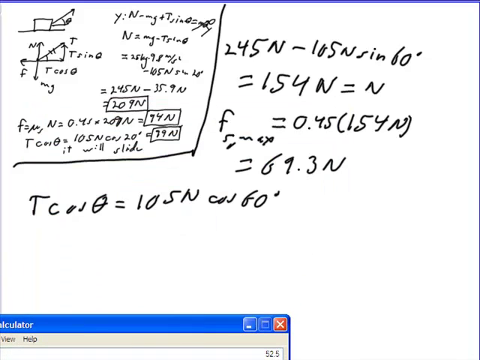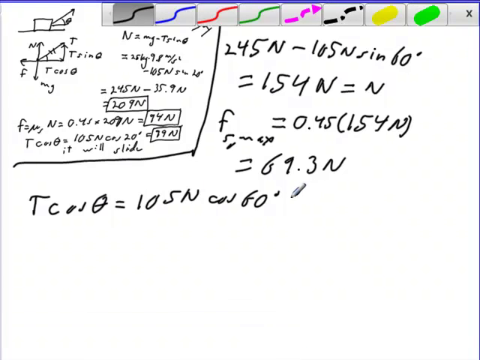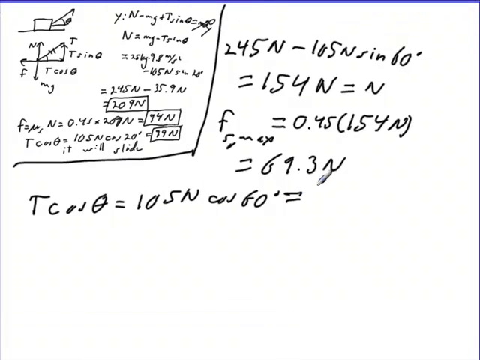Even though we have such a small frictional force now, in this case, we only have a horizontal tension force of 52.5 newtons, which, if you notice, is less than the maximum frictional force, which means the maximum frictional force will just be enough to match it.